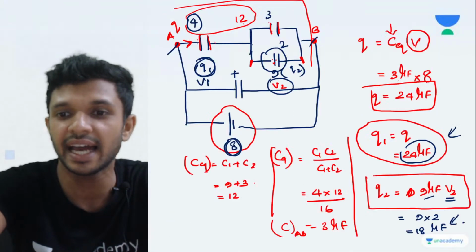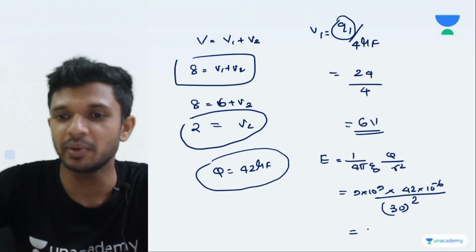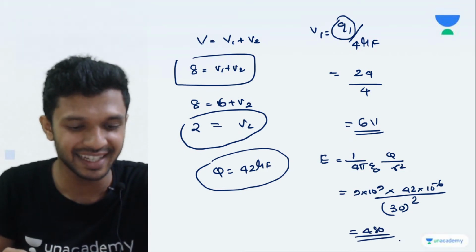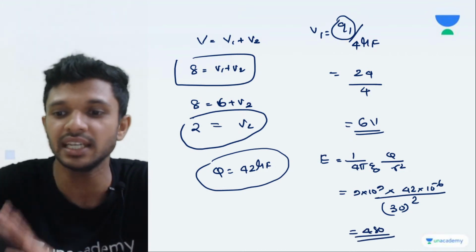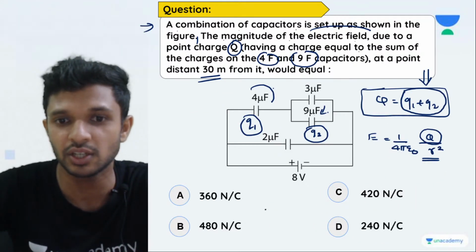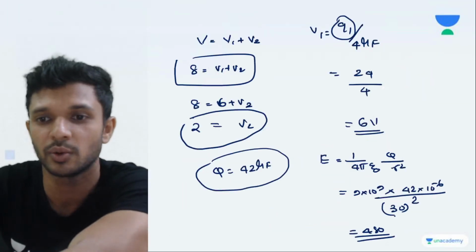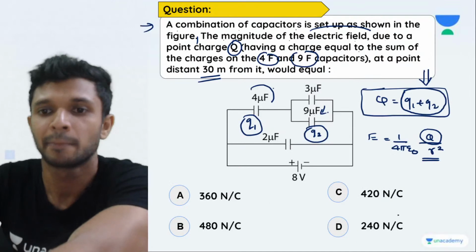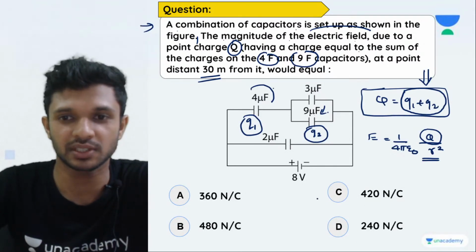And what is the final answer you are going to get? You will be getting 480. See, 480 is the final answer, which means the option, sorry, not 480, it's 420. Oh my god, 420 is the answer. Okay, which is option C.